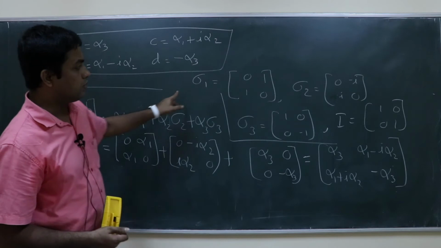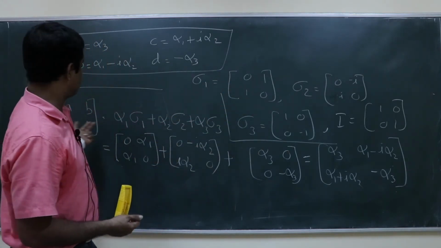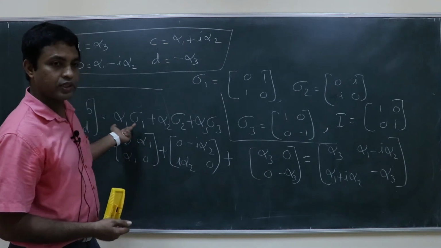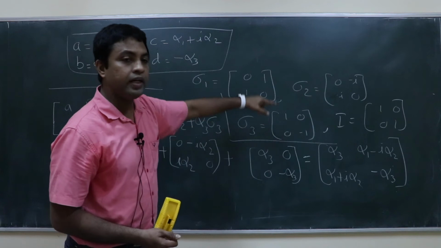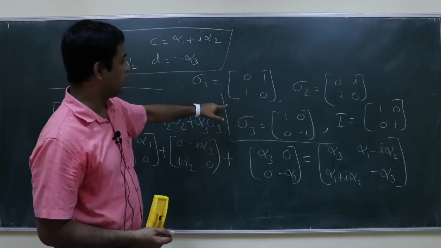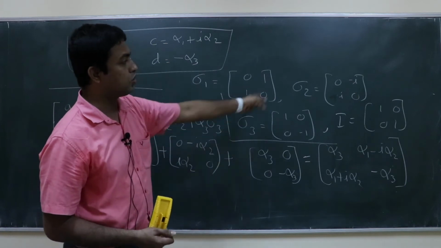One condition we said here is that they span all the space of 2 by 2 matrices, but are they independent? Whether these 4 matrices are independent, can I write one of them in terms of the other 3?